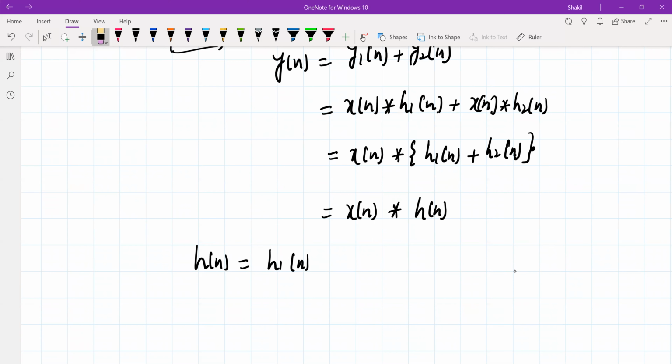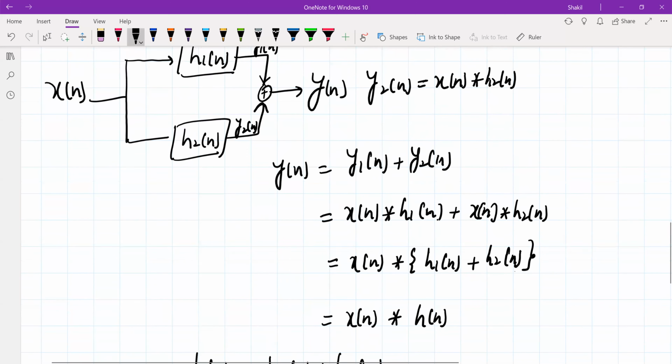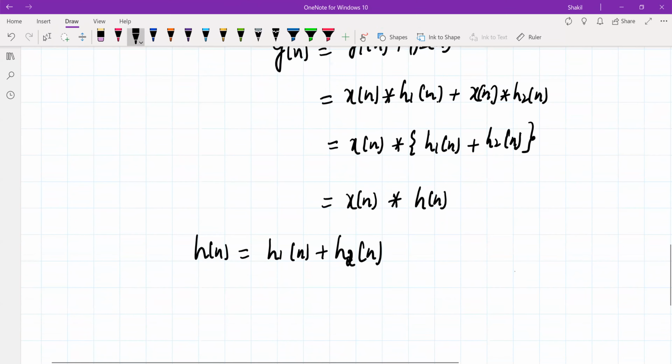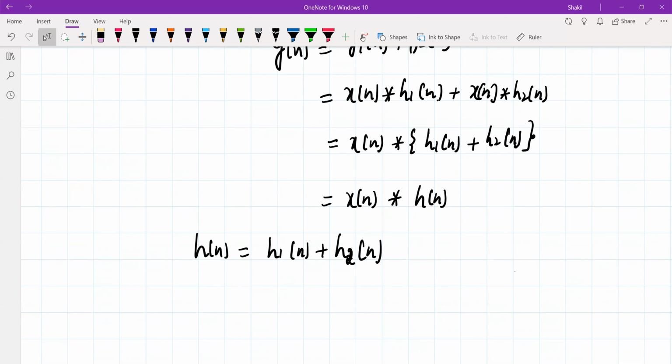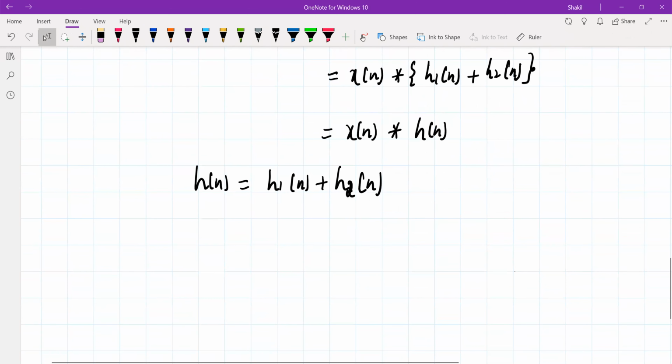So the total impulse response when the systems are connected in parallel is simply the sum of the individual impulse responses. You can replace this parallel system by another system.